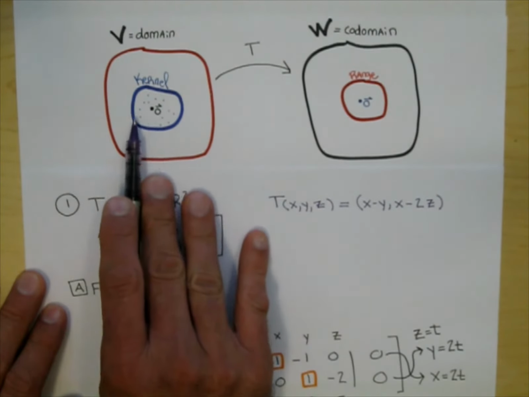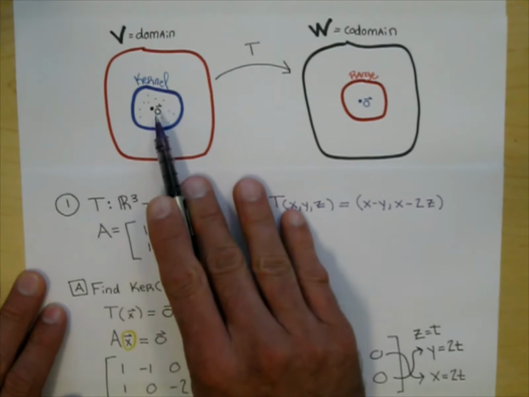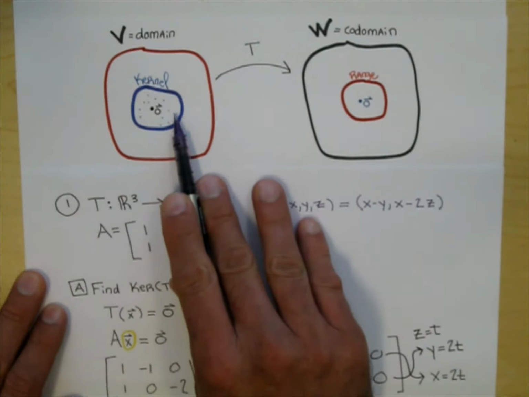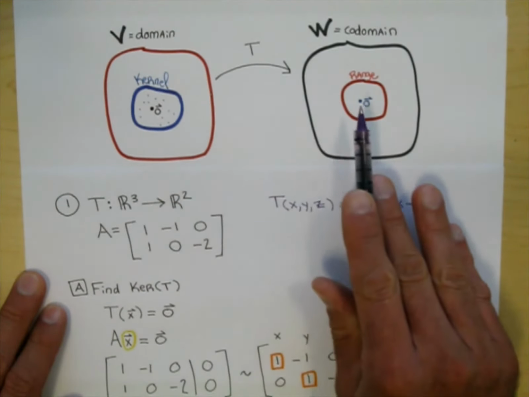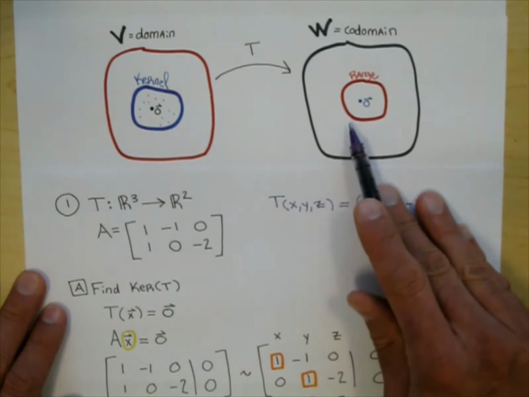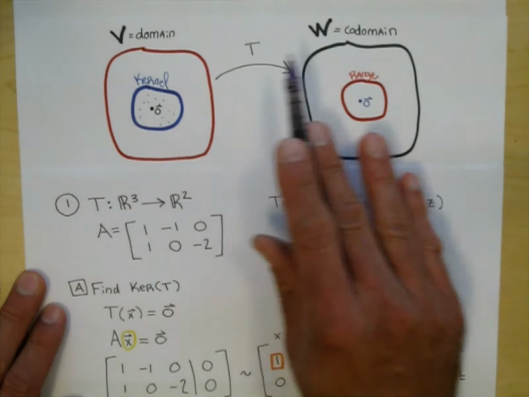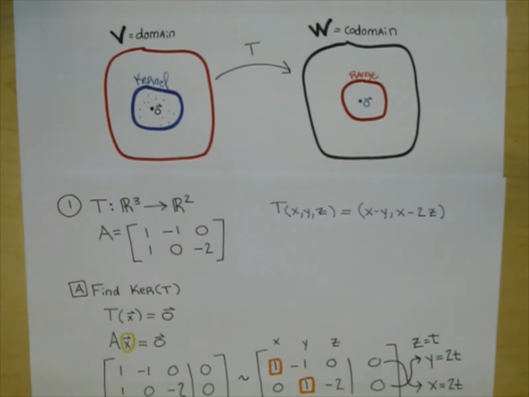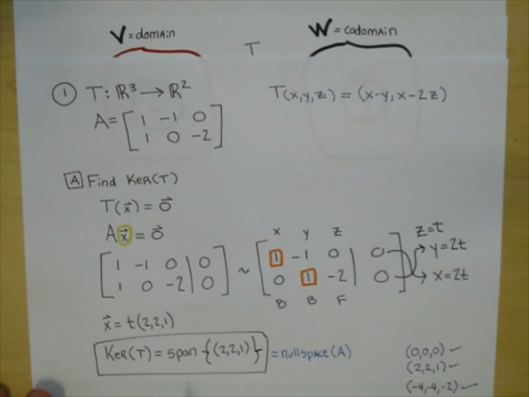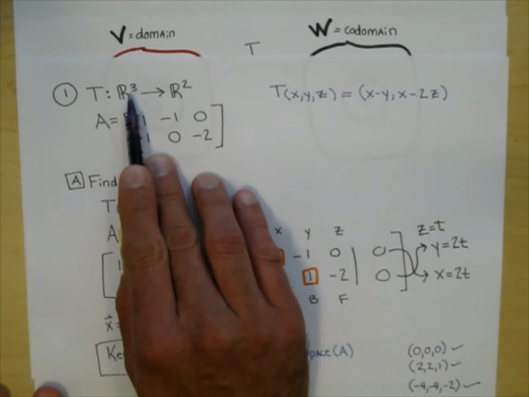So I put all the kernel elements right there, and I said, you guys belong in that blue circle, and now I know that everything in that blue circle gets transformed to that little blue dot, which in our example was 0, 0, because we were going from R3 to R2. So where does the kernel live? The kernel lives in R3, in the domain.